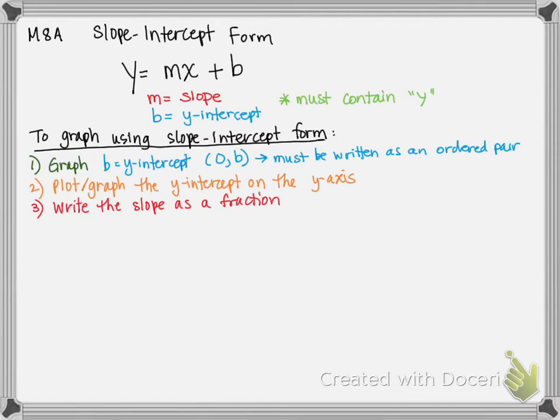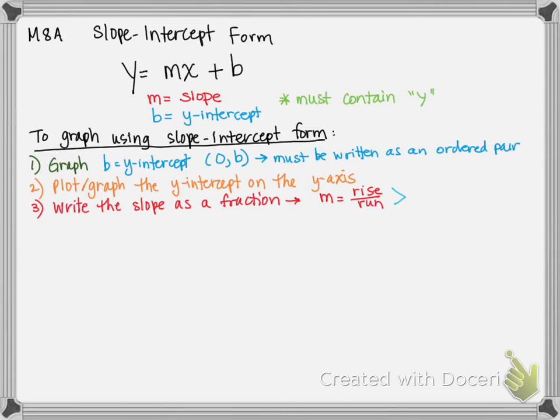Okay? And remember, it's going to be considered this version of slope: rise over run. So that's why it has to be a fraction. Okay? So basically, I'm going to start from my y-intercept, and I'm going to rise up the top number.